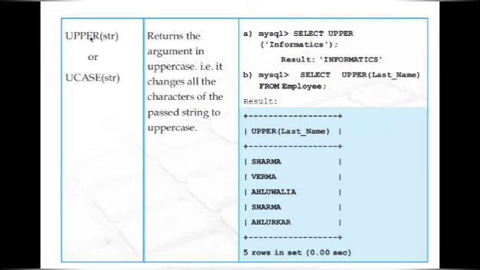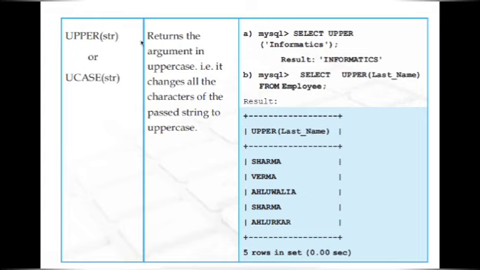Now coming to the next function, that is upper. As the name suggests, lower converted all the values or the string passed as parameter into lowercase. What the upper function will do, upper or ucase, you can refer to it by any of the names. It is an alias. So it will convert the string which is passed as parameter or argument into uppercase or capital letters.